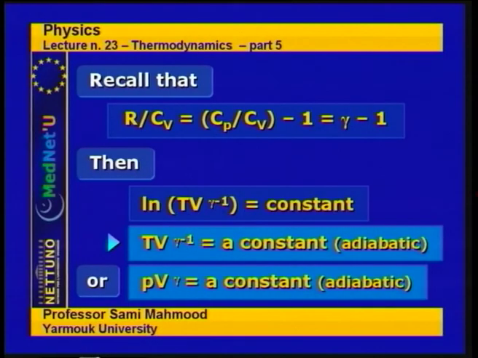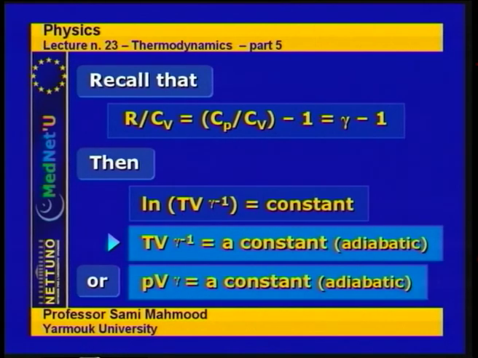Now, if we replace T by the value of P and V using the equation of state of the ideal gas, namely PV equals nRT, if we replace T in that sense, we will get another form of this equation which relates state variables of the gas, namely P times V to the power gamma is equal to a constant.